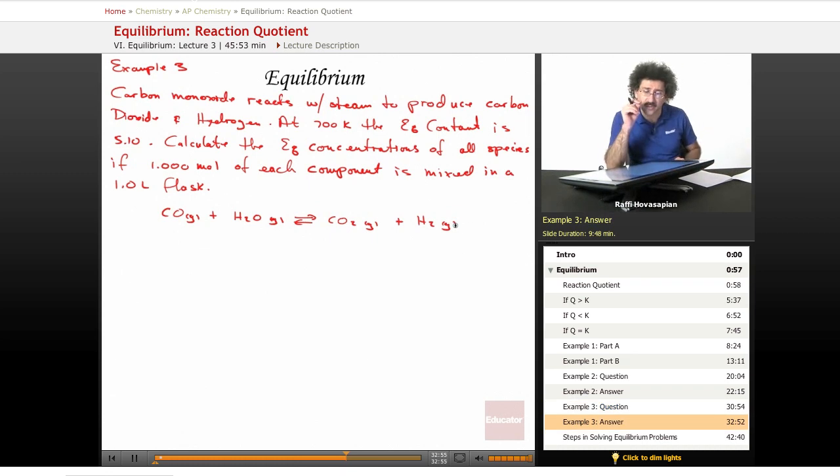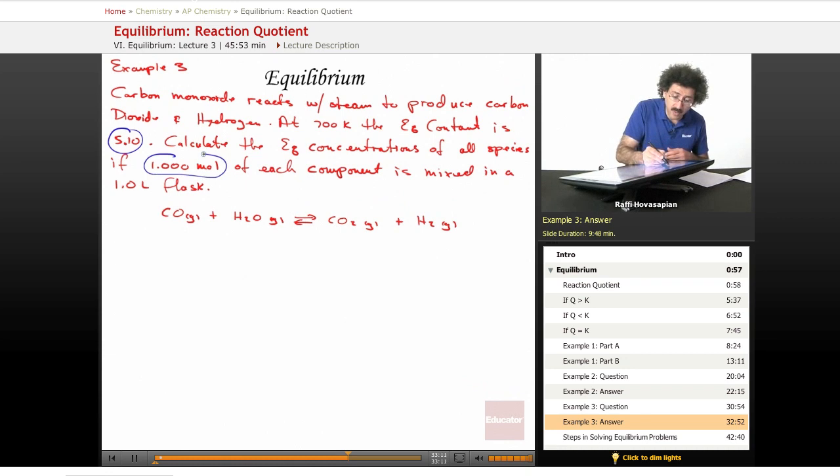Carbon monoxide reacts with steam to produce carbon dioxide and hydrogen. At 700 Kelvin, the equilibrium constant is 5.10. So we have our K, it's 5.10. Calculate the equilibrium concentrations of all species if 1.0 mole of each of the components, and that means 1 mole of each, is mixed in a 1 liter flask.